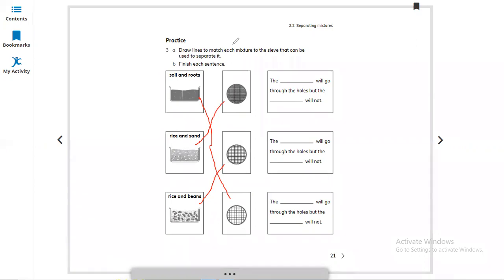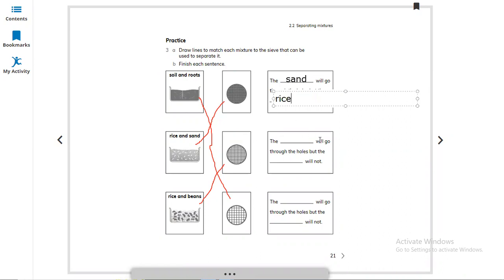Okay, let's write the blanks. The dash will go through the holes, but the dash will not. So the sand will go through the holes, but the rice will not.